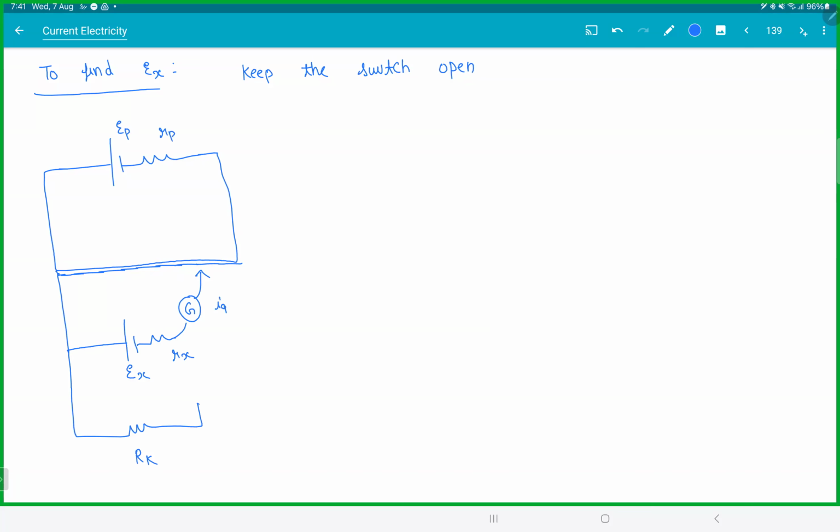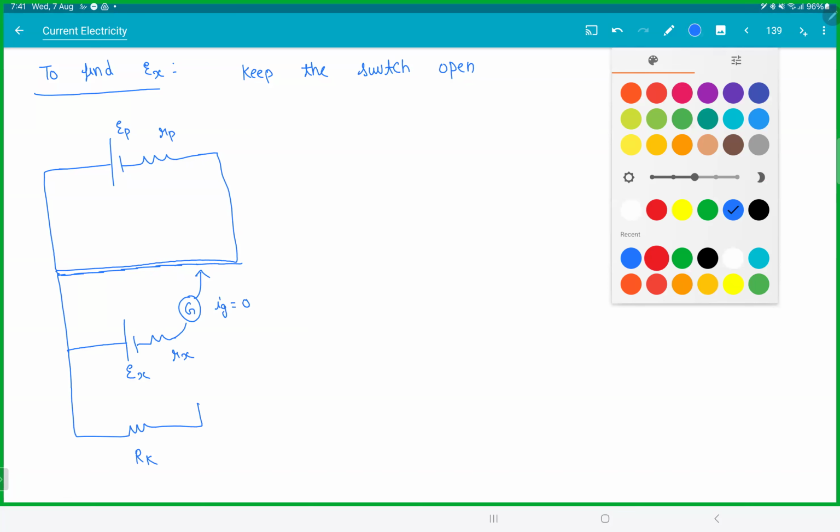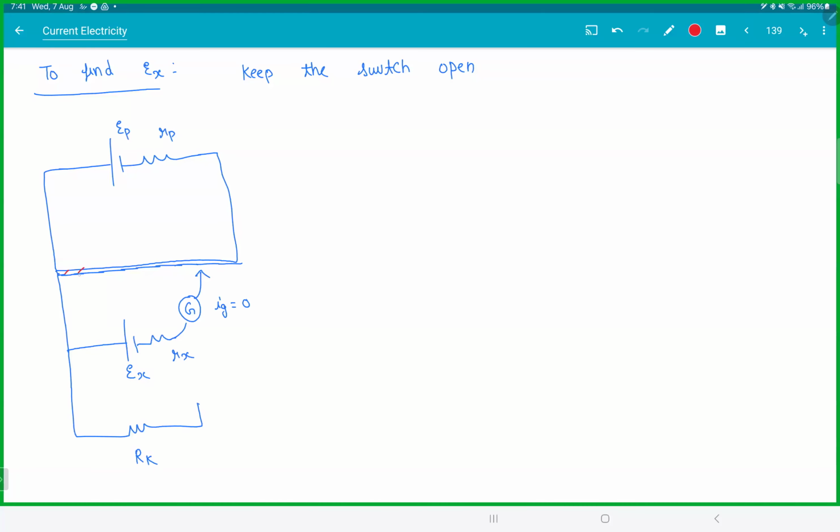Now the bridge is balanced, Ig is 0. Now look at the idea here. It is straightforward. Let this length be x. Let this point be A, this point C, this B, and this A dash. Whatever current flows in this circuit, all of it will go in this branch only, where I is equal to EP by RP plus R0.